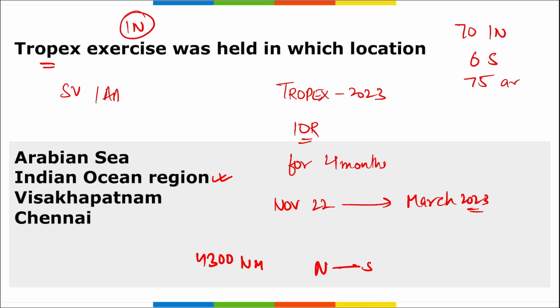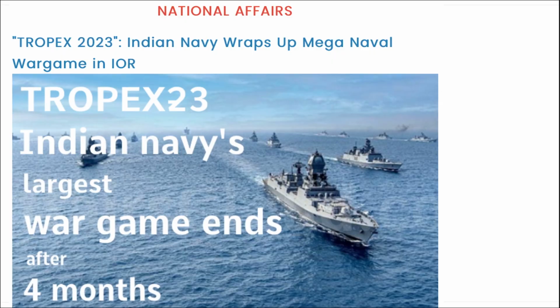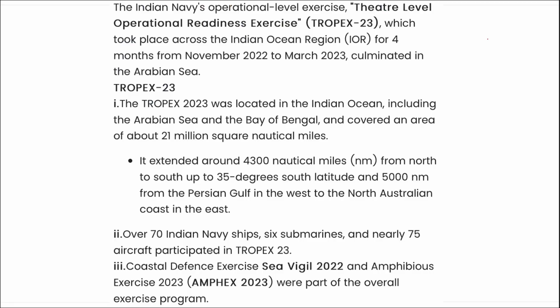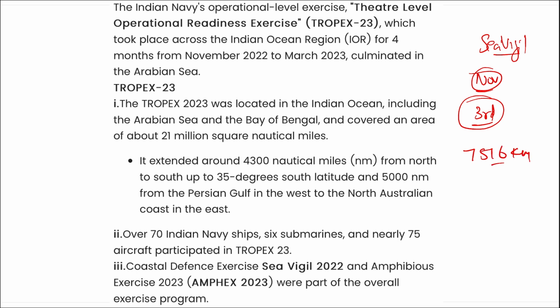If we talk about the Sea Vigil exercise, here you can see this is Tropex. But if we talk about Sea Vigil, remember Sea Vigil in November 2022 was the third edition of this exercise. It is a coastal defense exercise that was conducted along India's entire coastline of 7,516 kilometers and in the exclusive economic zone.